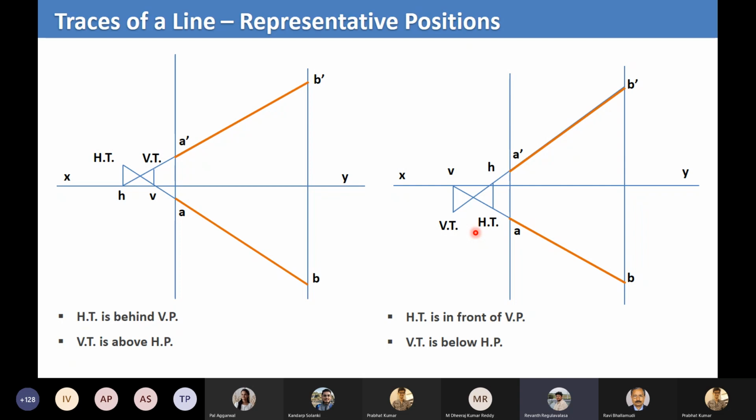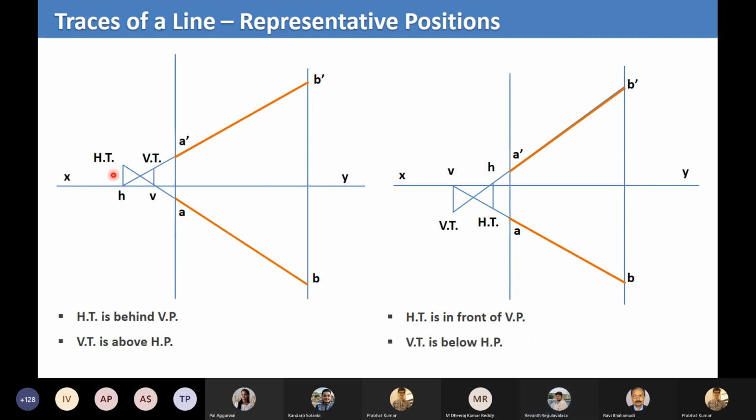Depending on that, you have to write down where HP is, above or below. Similar to a point: how we mention a point A, it is 20 mm in front of VP, 40 mm above HP. In the same way, you have to tell where the horizontal trace HT is and where the vertical trace VT is, observing the diagram. So in figure 1, we see that HT is above and VT is also above.